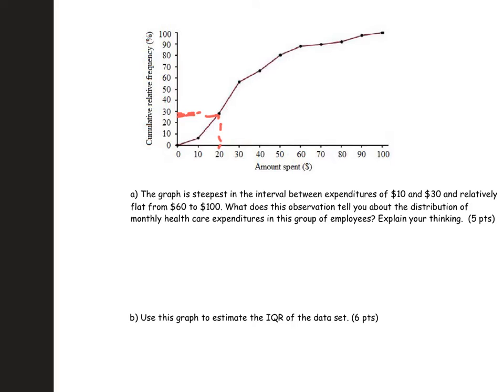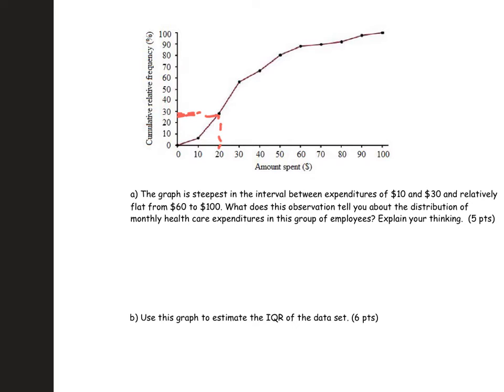So what does that mean? That means 28 to 30% of those surveyed spent $20 or less out of pocket per month on healthcare. So it's cumulative, the amount. It's not just saying the amount between 10 and 20, for example. It's the amount all the way up to and including $20.